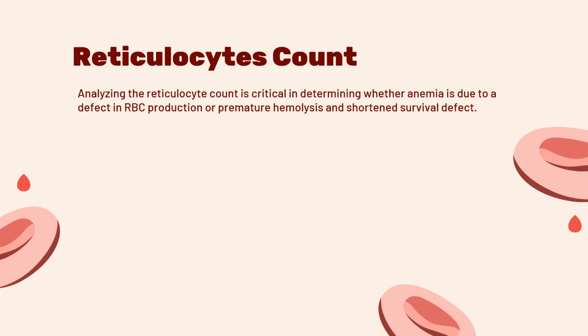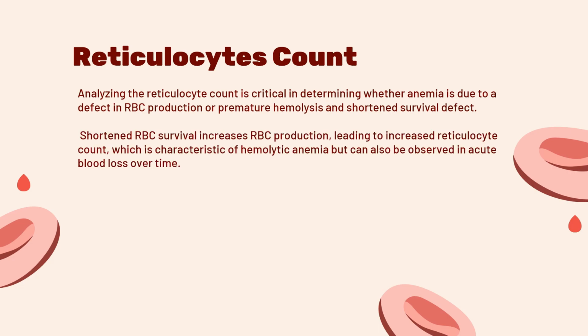Analyzing the reticulocytes count is critical in determining whether anemia is due to a defect in RBC production or premature hemolysis and shortened survival defect. Shortened RBC survival increases RBC production, leading to increased reticulocytes count, which is characteristic of hemolytic anemia but can also be observed in acute blood loss over time.